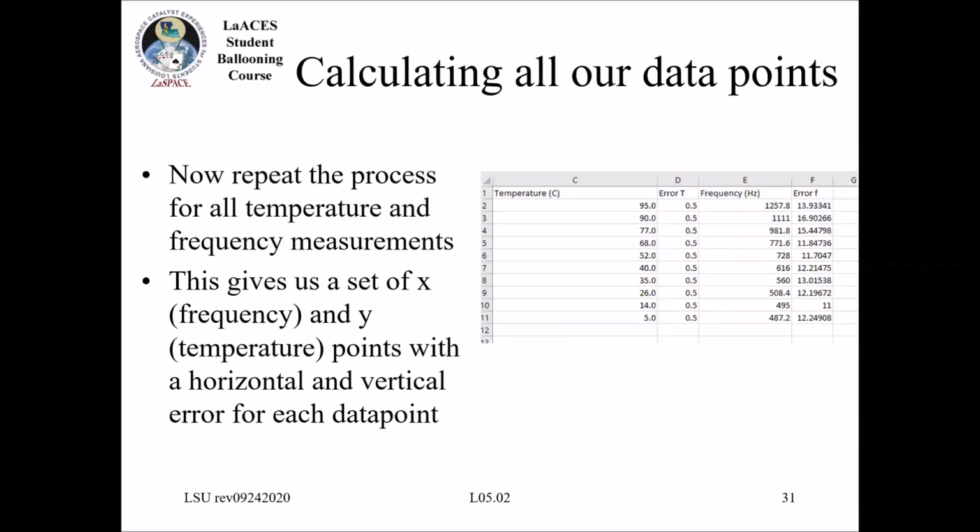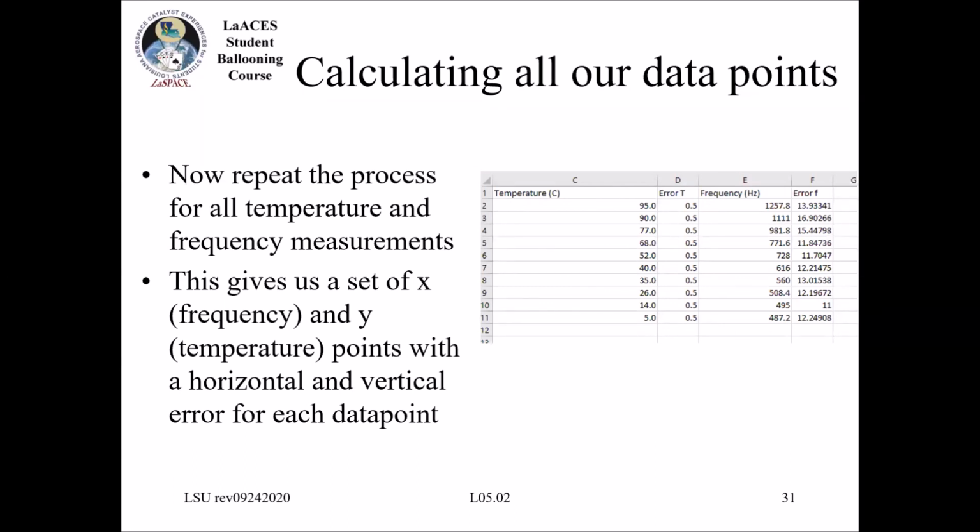So now you want to repeat that for multiple temperatures. In this case, I've done it for temperatures ranging from 5 to 95 degrees. And when you do that for all of the different frequency and temperature pairs, you get an error in the temperature and you get an error in the frequency.